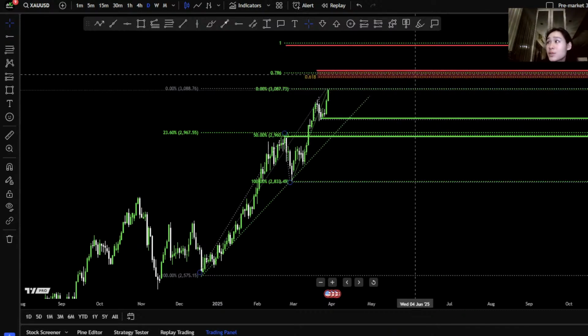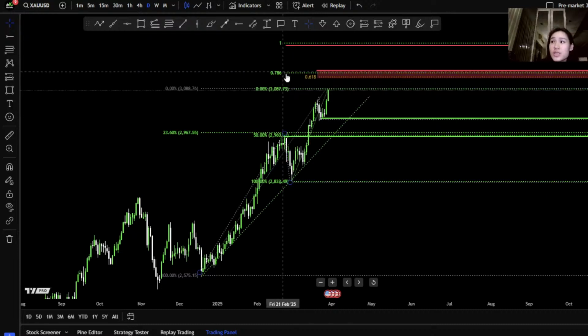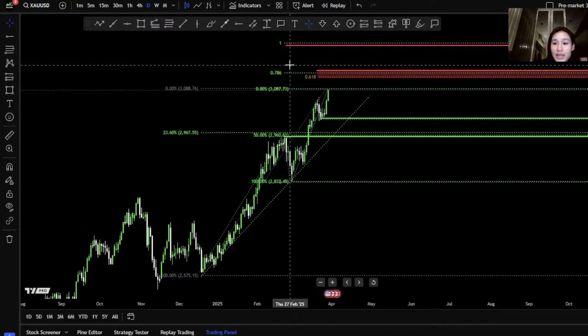So for example, at our first resistance, you can see we have two Fibonacci levels lining up here.